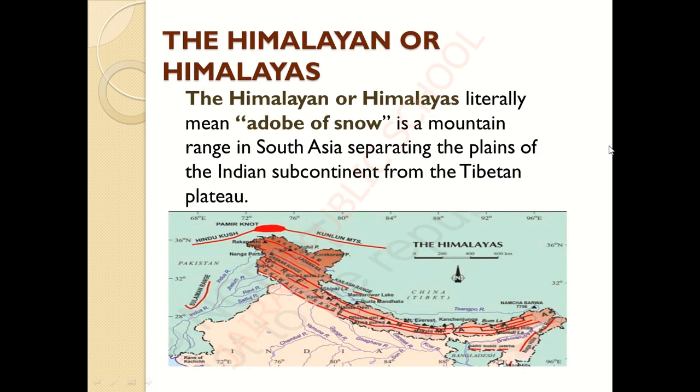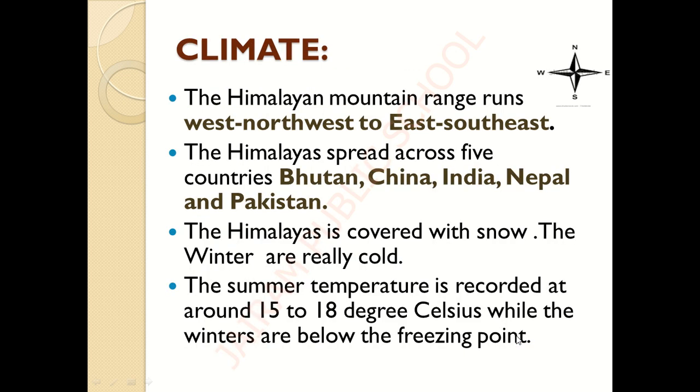It is the northern direction, the western part, so northwest, and it extends to the southeast. So this is the direction of the Himalayan mountain range, the extension of the Himalayas.